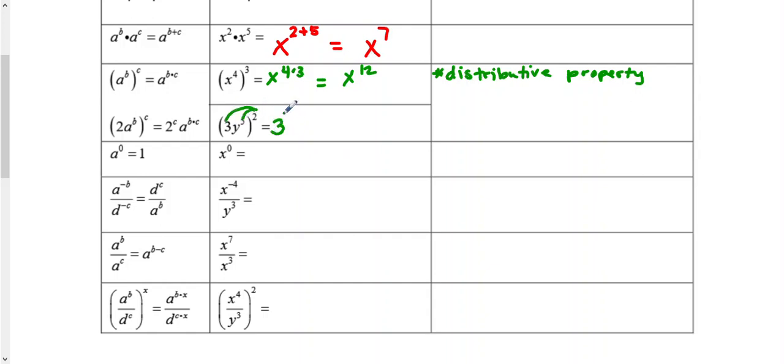So that means I'm going to have 3 squared and y to the 5 times 2. 3 squared is 9. We always want to simplify as much as we can. Then we have y to the 5 times 2, which is y to the 10th.